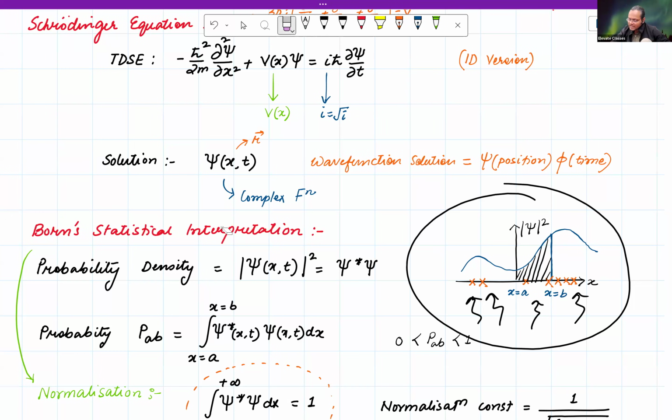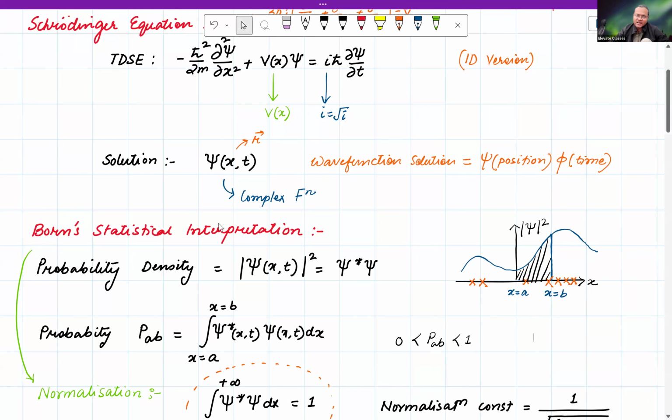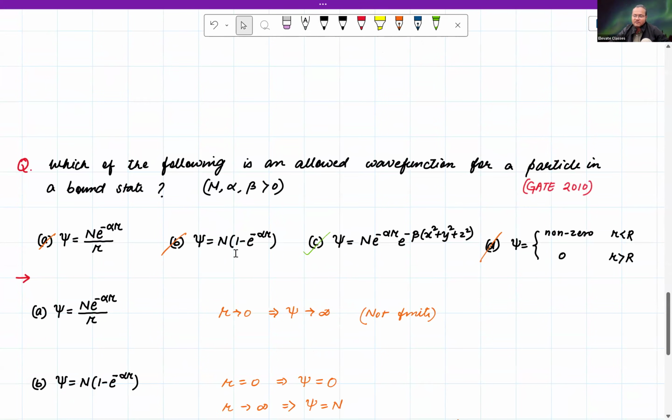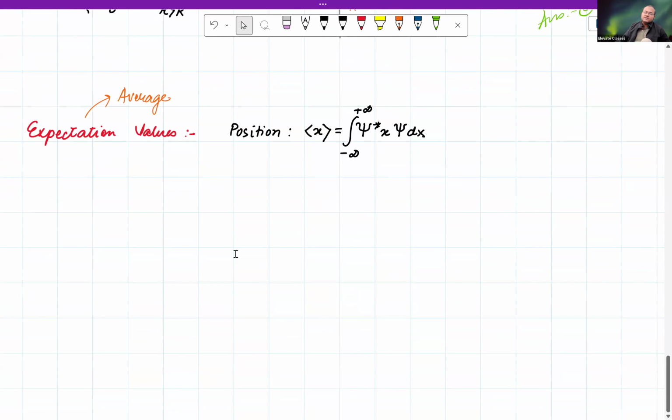We can calculate the average of all these measurements, and that will give us some information about the entire system itself. So for example, if you are familiar with the hydrogen orbitals, what is the picture of hydrogen orbitals? It is nothing but this, because if you try to measure the position of an electron in a hydrogen atom repeatedly in similar systems, then it might be in different positions.